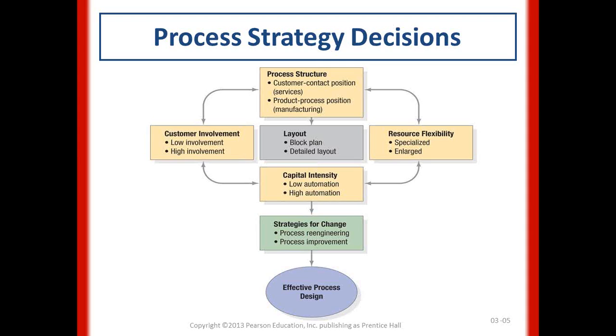Depending on what kind of contact you have with the customer, low or high, and what kind of flexibility you need in your production, that depends on your capital intensity. What that means is, do you have low automation? For example, in a Subway you don't have any automation, versus in a Hyundai plant you have a high level of automation. And that's what determines what strategies you would use to make some changes. And that leads to your effective process design, if you may.